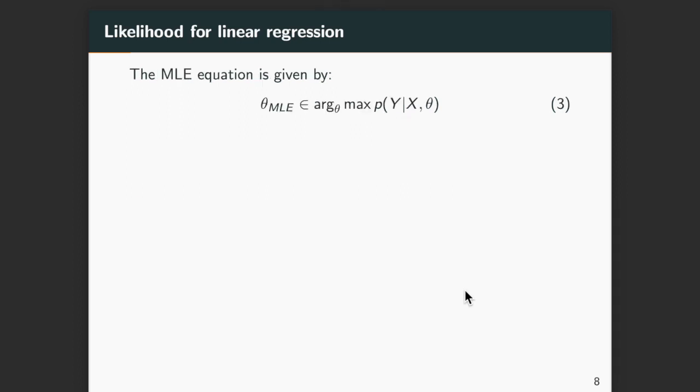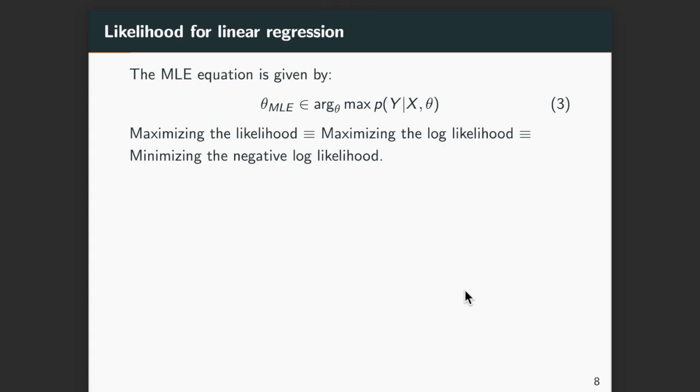So we go back to the definition of MLE, which was to maximize the likelihood, which is equivalent to maximizing the log likelihood, which is equivalent to minimizing the negative log likelihood.